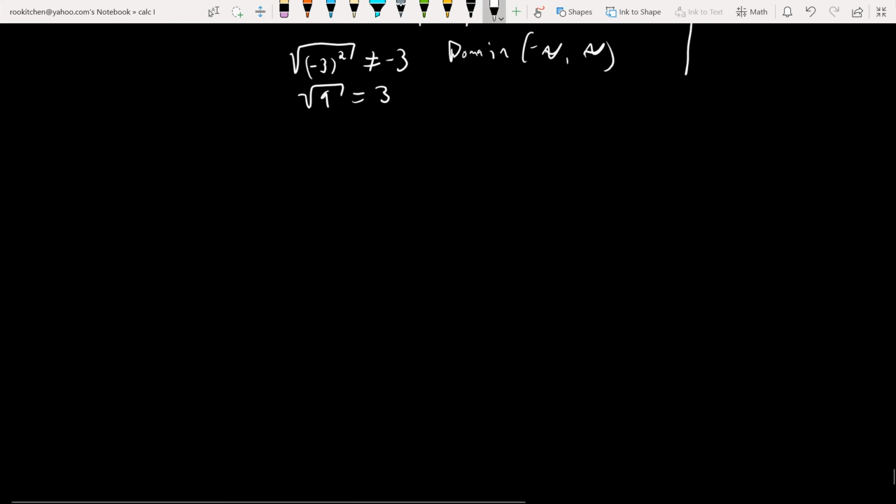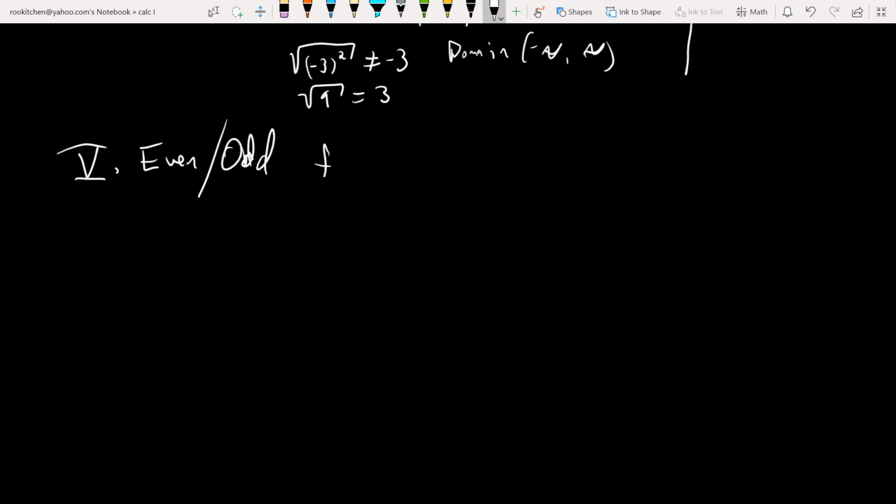Okay. So even and odd functions, we've kind of already talked about this with symmetry. Okay, symmetry applied to all relations, but even and odd only applies to functions. Okay. So in particular, the even symmetry is the y-axis symmetry. Okay, and you can test a function by putting -x in for x.